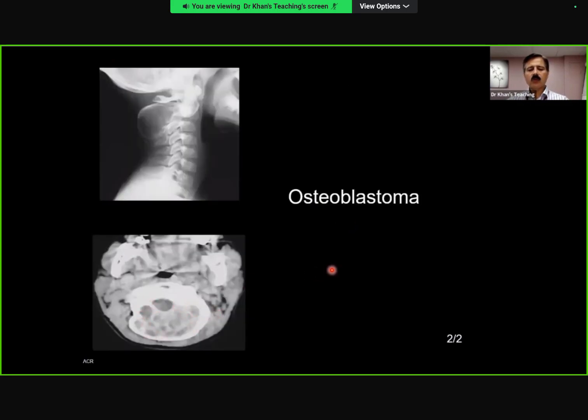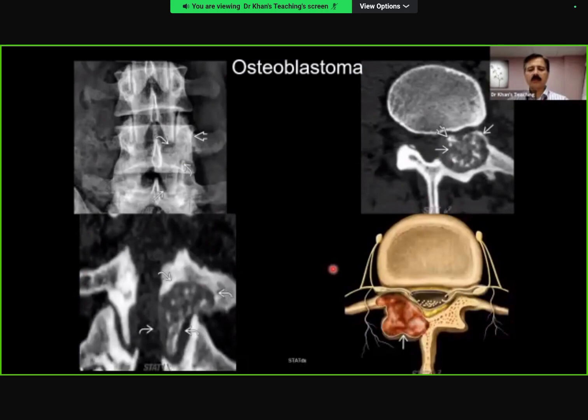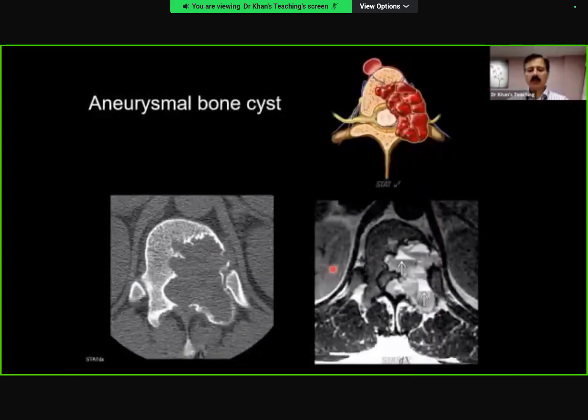And when you do MR there will be a what we call fluid level. Look at this case from literature. I'll show you more in the next chapter, where you can see that there is a lesion here, and you can see how it is causing expansion. And this is the graphic of ABC. And when you do an MR, you get this fluid level.